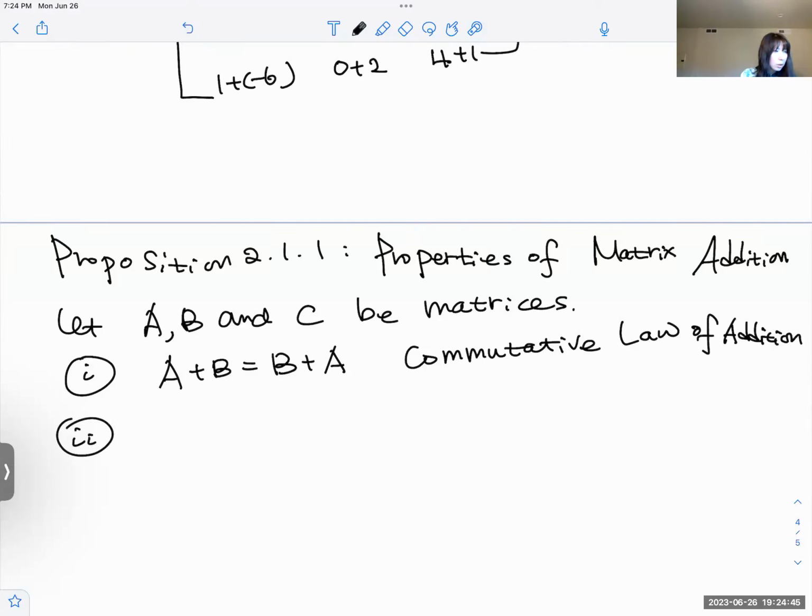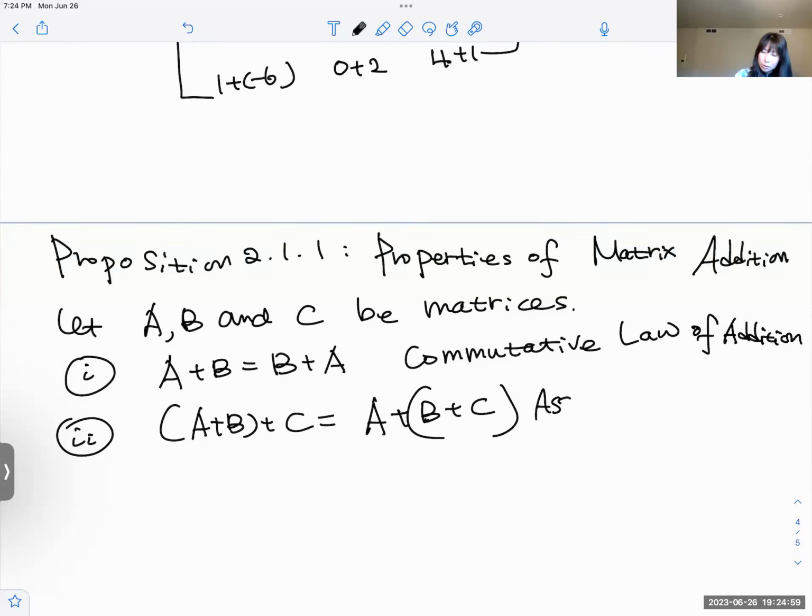Second, A plus B plus C is the same as A plus B plus C with parentheses, associativity of addition, right?